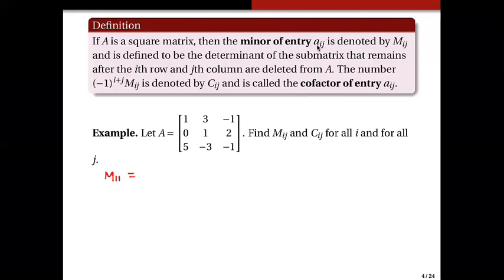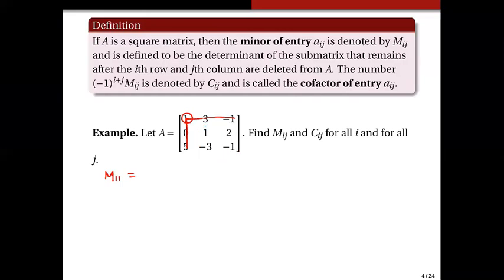The minor entry of a11, which we denote by M11, is defined to be the determinant of the submatrix that remains after the first row and the first column are deleted from A. So this is your entry a11. We delete the row containing that entry and the column containing that entry. So the submatrix that remains here is just this one here.